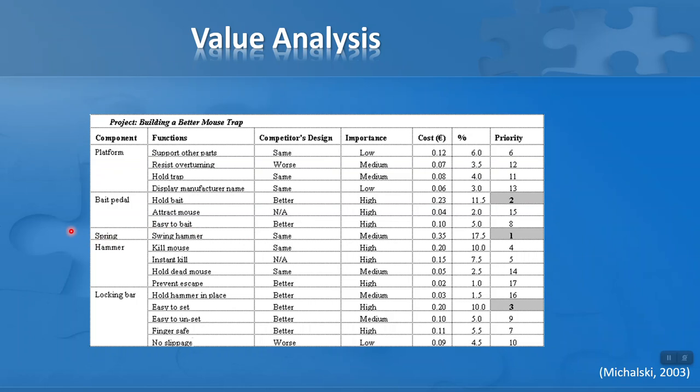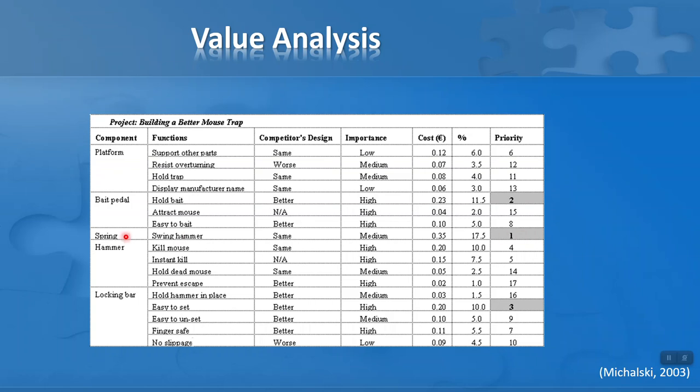And I want to focus in on the one here in the middle, the spring component, which has just got one function. Our competitor's design is the same, so that doesn't tell us that that's a priority for improvement. It's of medium importance to our customers. Once again, doesn't tell us that that's a priority for improvement. It costs 35 cents, which represents 17.5% of the total value of the mousetrap, and that's our number one priority for improvement.